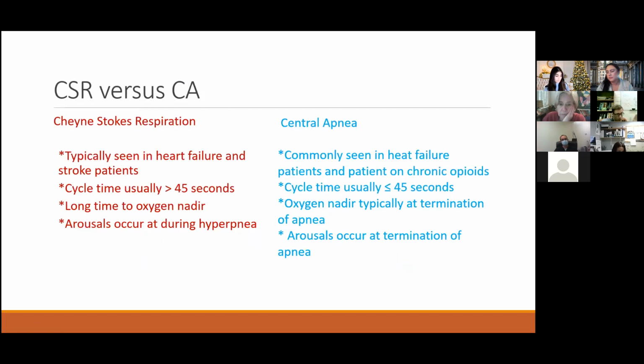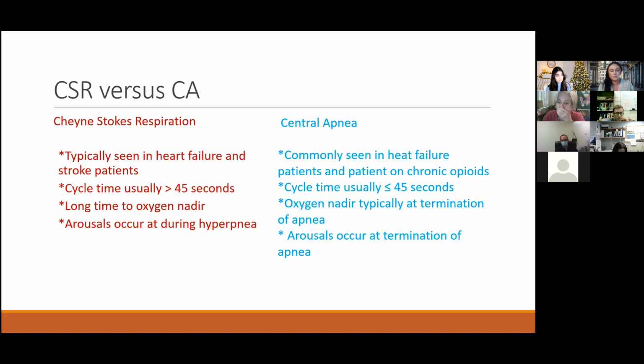And just so there is a difference between Cheyne-Stokes respiration and central sleep apnea. Again, Cheyne-Stokes has this typical crescendo-decrescendo pattern versus central sleep apnea, which are just these central events that can occur. They typically don't have a prolonged cycle time like you see in Cheyne-Stokes respirations.